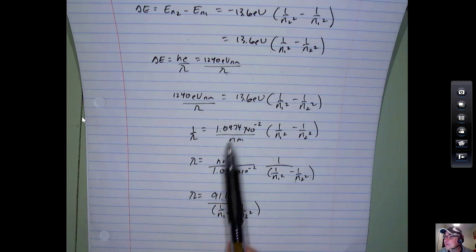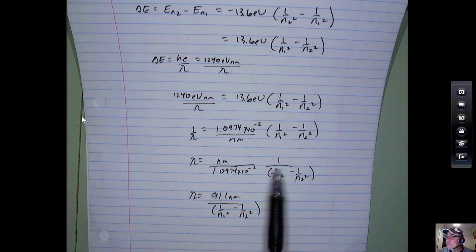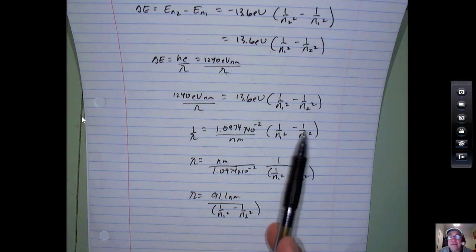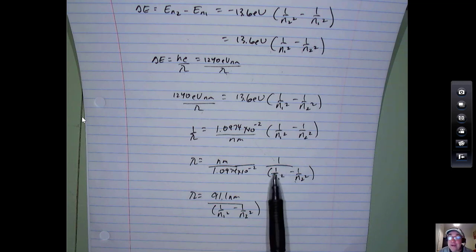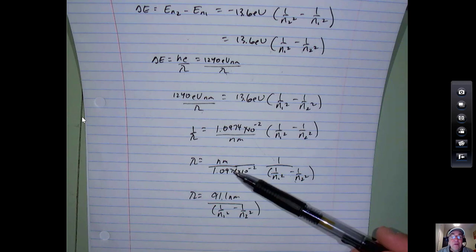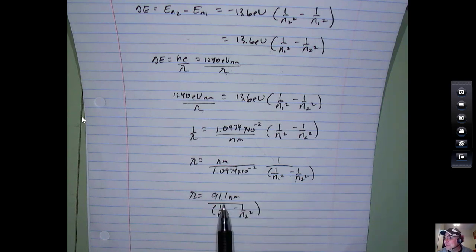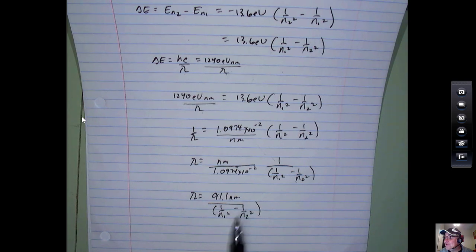Nanometers goes to the top. 1.0974 times 10 to the minus 2 goes to the bottom. So I've literally just flipped those around. And now I've got the inverse of this quantity. So take this quantity, take the inverse of it. In other words, 1 divided by that. Actually, you do the math here. This would be like 1 over 1.0974 times 10 to the minus 2. When you actually do that, you get 91.1 nanometers times 1 over n1 squared minus 1 over n2 squared.